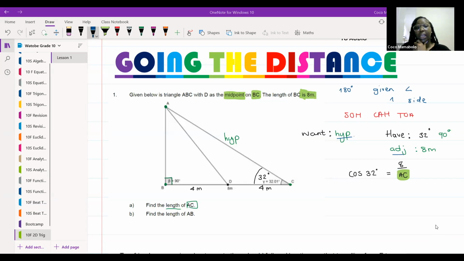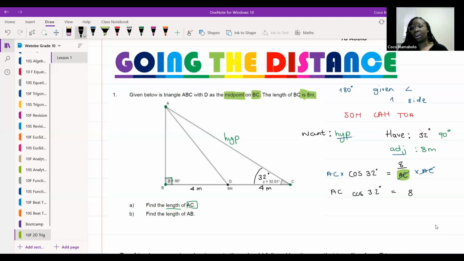Yes, absolutely. You're 100% correct. Don't doubt yourself. You've got this. Yes, we're going to multiply both sides by AC. The reason we want to do that is because these two ACs will cancel each other out. So now I've got AC times cos of 32 degrees is equal to 8.